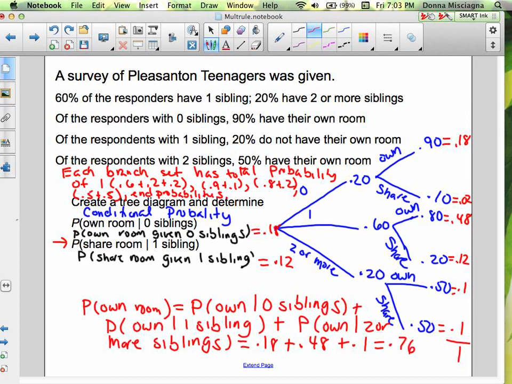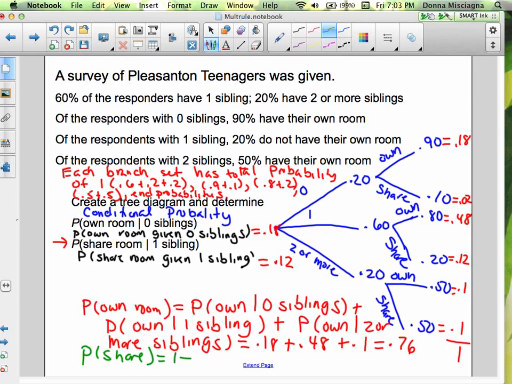So now if we wanted to know the probability of share a room, well, we don't even have to calculate out the whole thing, right? We don't have to add up the 3 probabilities now because there's only 2 options for the room. Either you have your own room or you share a room. Together, those have to add to 1.